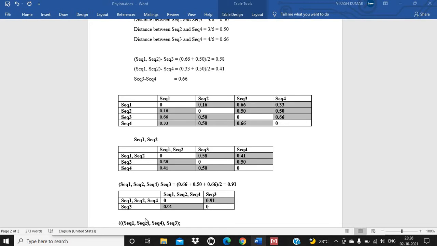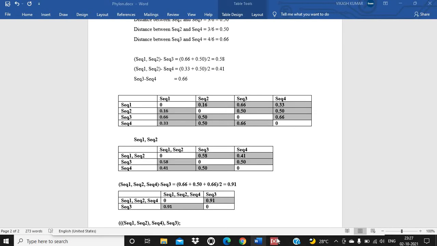This is also a representation of a phylogenetic tree, because based on the p distance we see that sec1 and sec2 are closely related, sec4 is also closely related to sec1 and sec2, and sec3 is distantly related to all of sec1, sec2, and sec4.